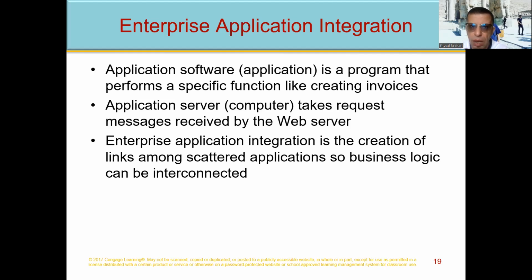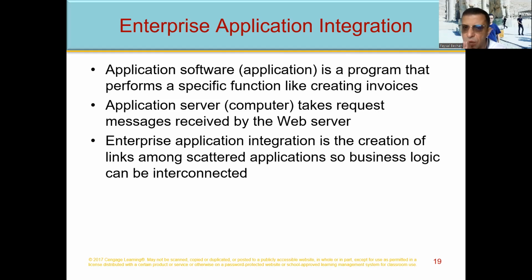Now, application software is a program that performs specific functions like creating invoices. So this is what you call enterprise application integration. We have application software, we have application servers.